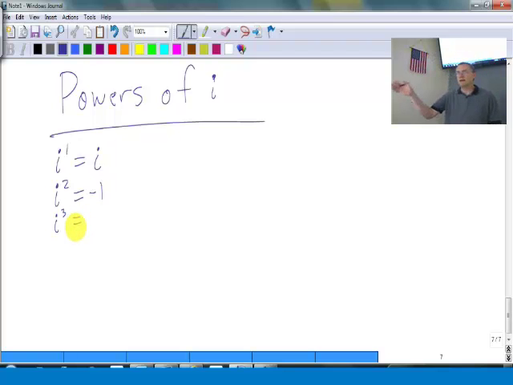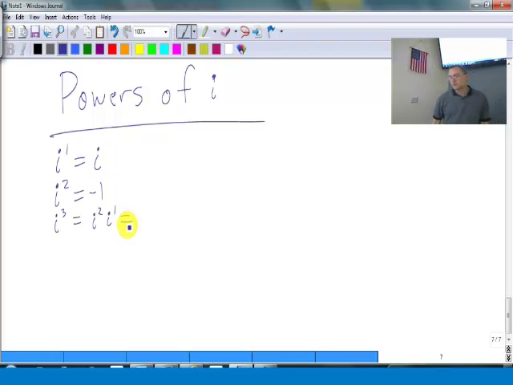What if we're multiplying 3 i terms together? i times i times i. And we have to deal with an i cubed. Is that negative 1? Is that the square root of negative 1? It would be negative 1 times i, really, but let's see why.